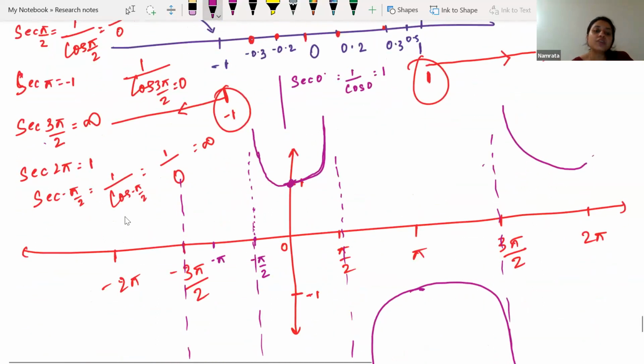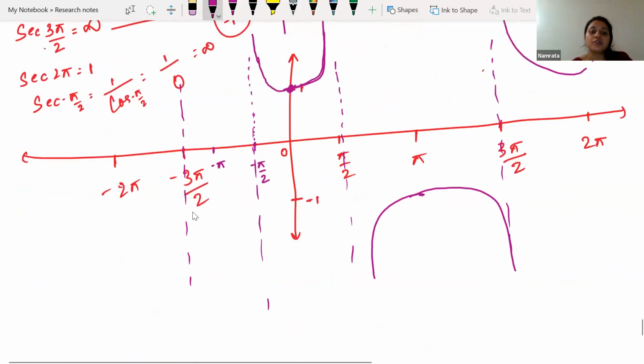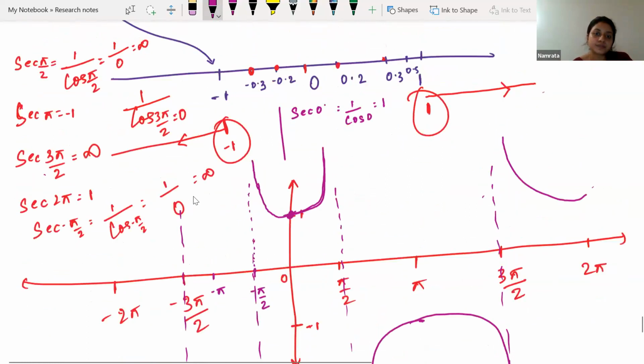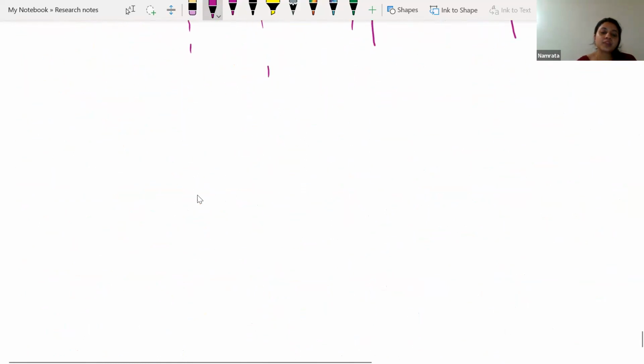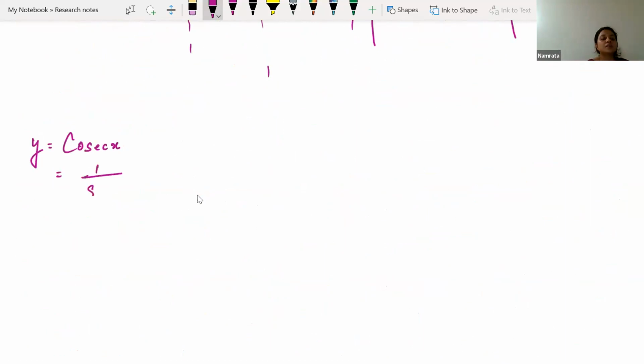Now the similar way we are going to plot the graph of cosec x. Let's plot it. When we are having y is equals to cosec x, here also cosec means what? 1 by sine. Domain is very simple. Now I don't have to explain the concept of domain, because you already know the disturbing point where the sine is 0.